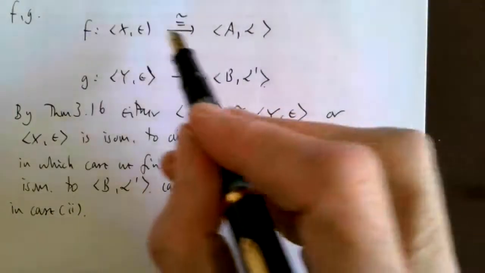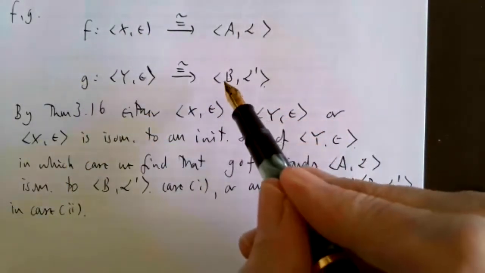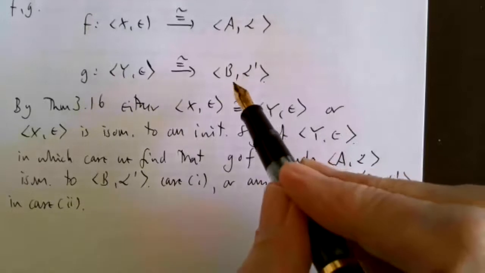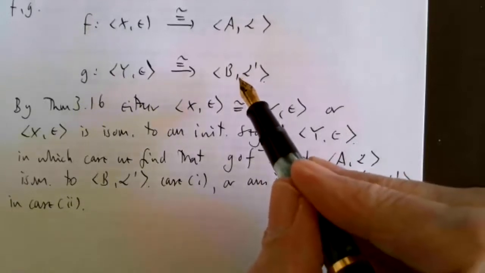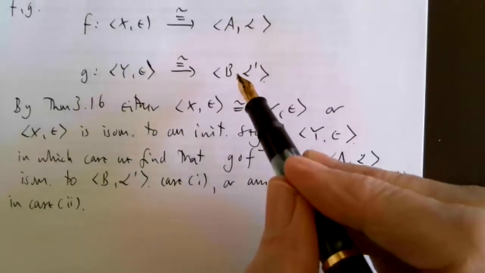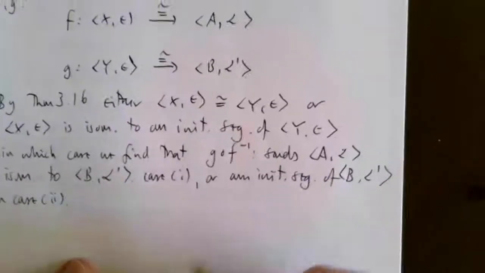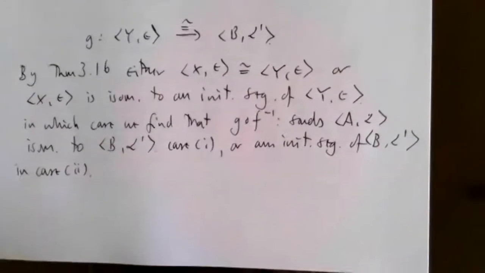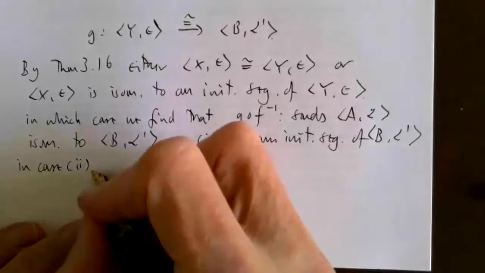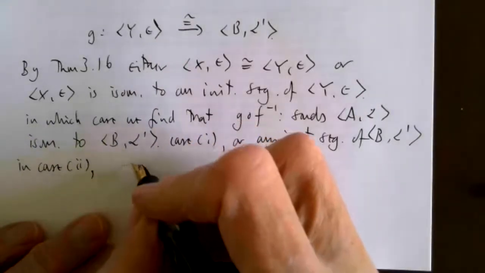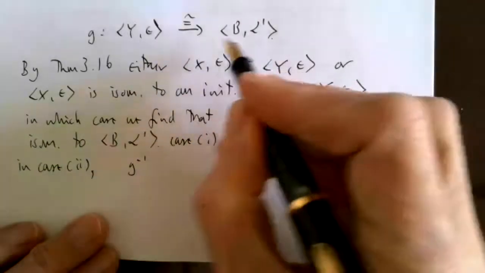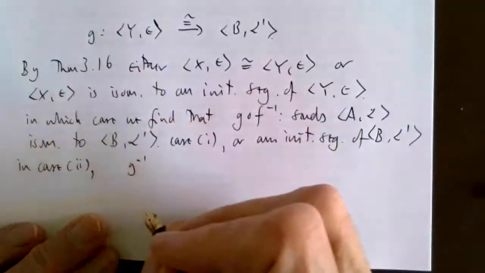No, I go from A here to B. So when, yes, no, that's fine. I'm worrying unnecessarily. Case 2, I do g to the minus 1 takes b to y, right?